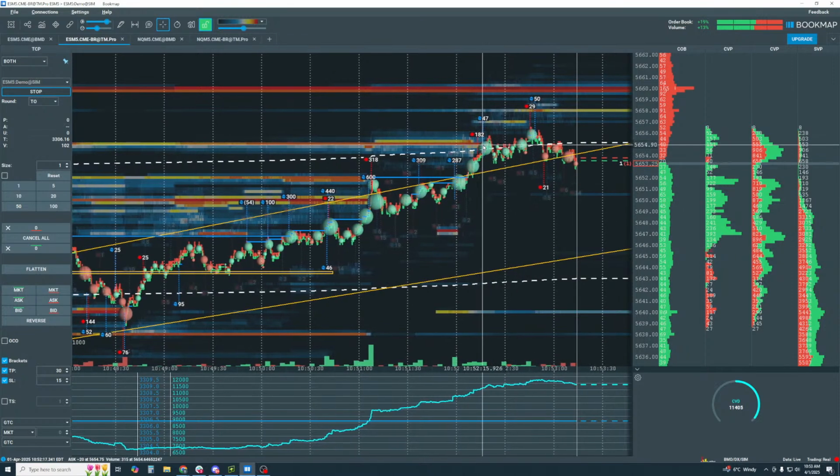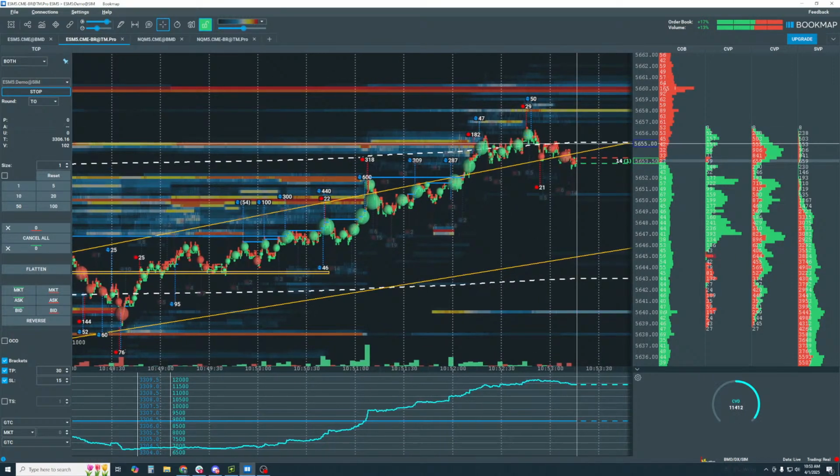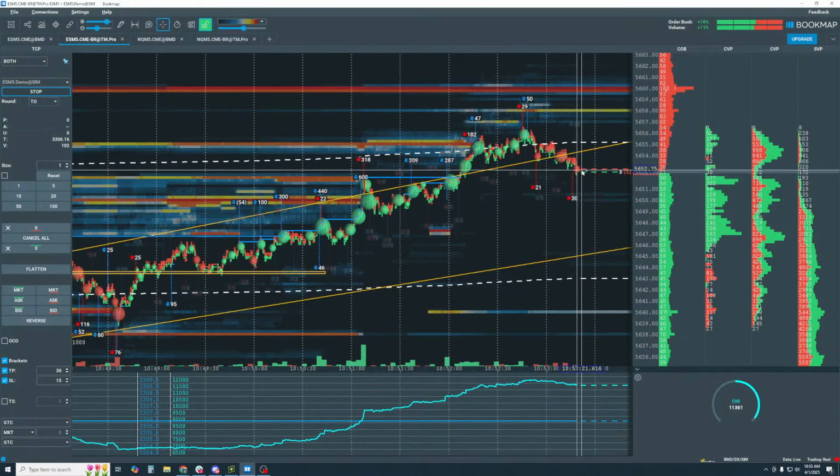Okay, and also traded high liquidity here, and it is very thin up here as well.